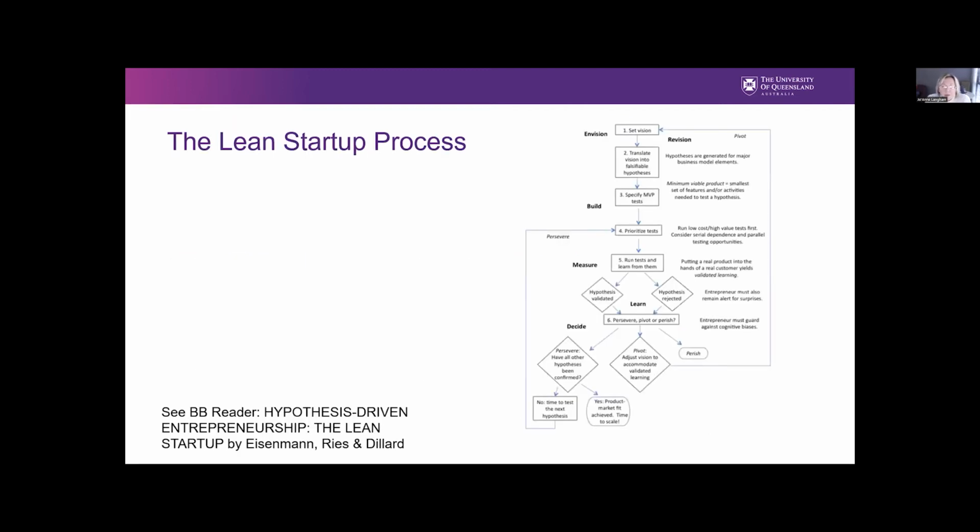So the lean startup process has a number of steps if we wanted to actually just build it out and go through the logic of it. At step one, you're developing a vision, and you need this at a high level before you can actually create a business model hypothesis.